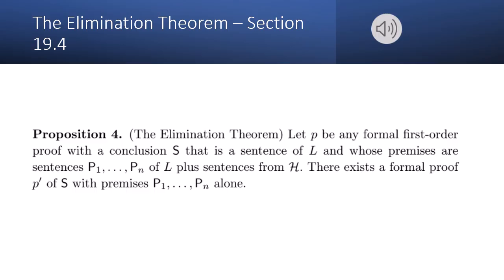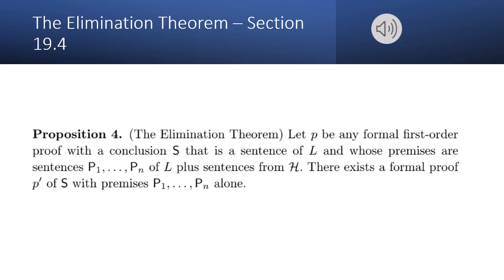And in that process, you replace those extra premises that came from the Henkin theory with instances of the introduction and elimination rules for quantifiers or for equality. And again, the proof here goes by induction on the length of the proof here. But again, it's dependent on the system that we've adopted.